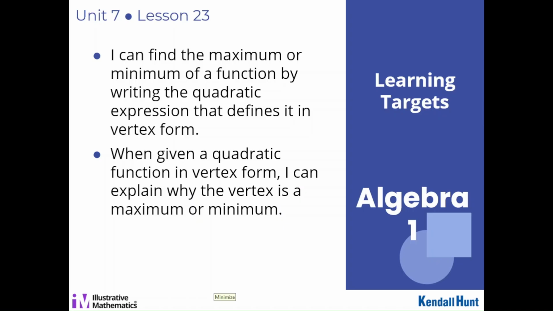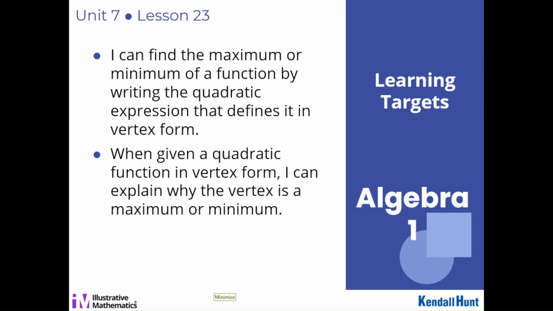First, you understand how to write vertex form, and that the h is the x coordinate of your vertex, and the k is the y coordinate of your vertex. Now, once you find that vertex, then you need to be able to identify whether that is a maximum or a minimum. And in order to do that, you're going to look at the a term in your vertex form.